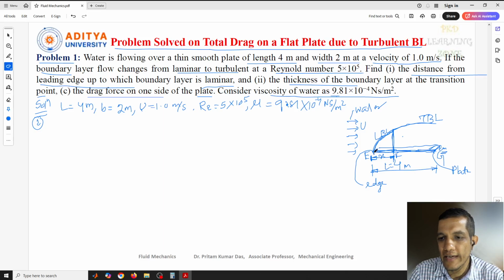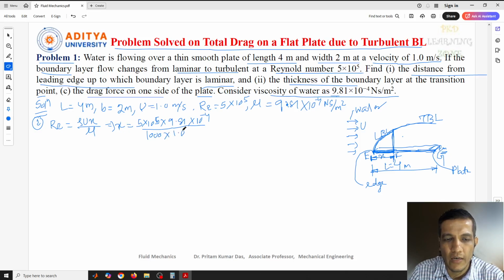Reynolds number equals rho U x by mu, so x equals Reynolds number, 5 into 10 to the power 5, into mu, 9.81 into 10 to the power minus 4, divided by 1000 into 1 meter per second.